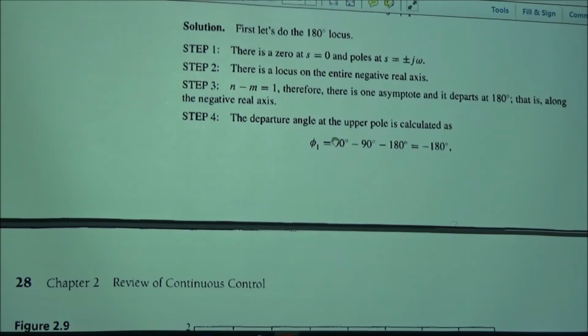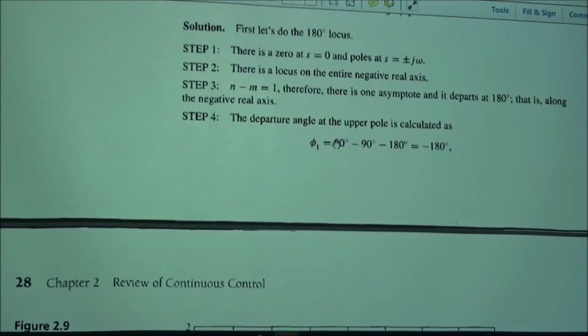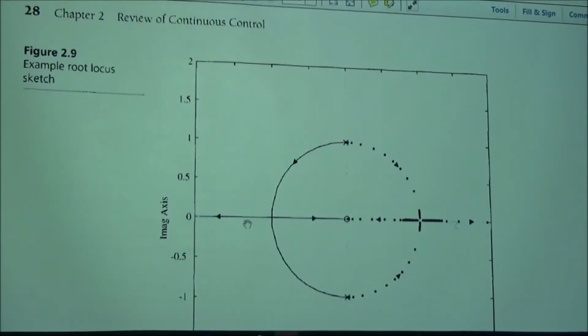So the departure angle is obtained in this fashion: 90 degrees for the first pole, 90 degrees for the second pole, and minus 180 for the zero. You end up with minus 180. And that's going to be this line.